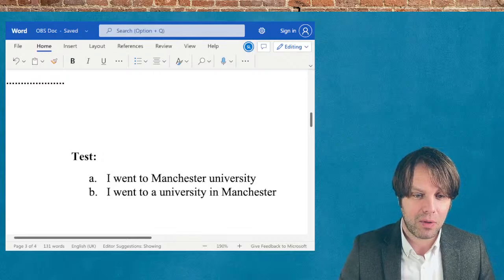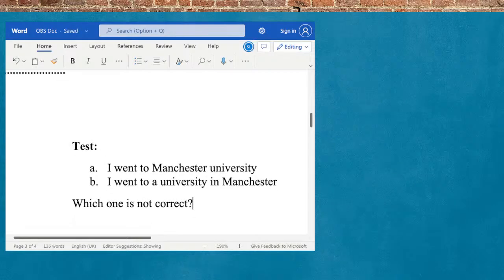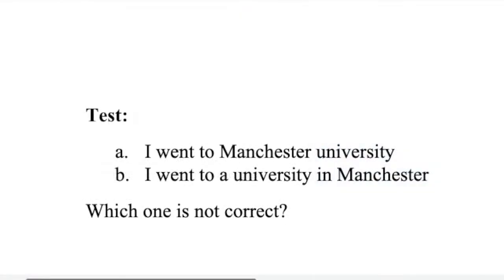I'll turn my camera off. Just type in the chat.